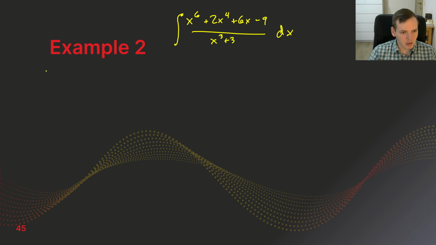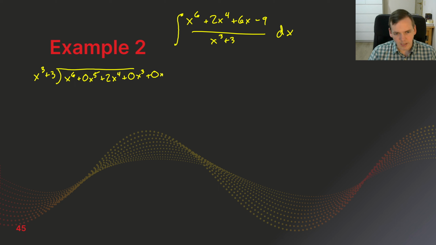So setting up our long division here, we're going to do x cubed plus 3 going into x to the 6th plus 0x to the 5th plus 2x to the 4th plus 0x cubed plus 0x squared plus 6x minus 9. We may not end up using all of these, but just having them written out gives us the placeholders to work with.